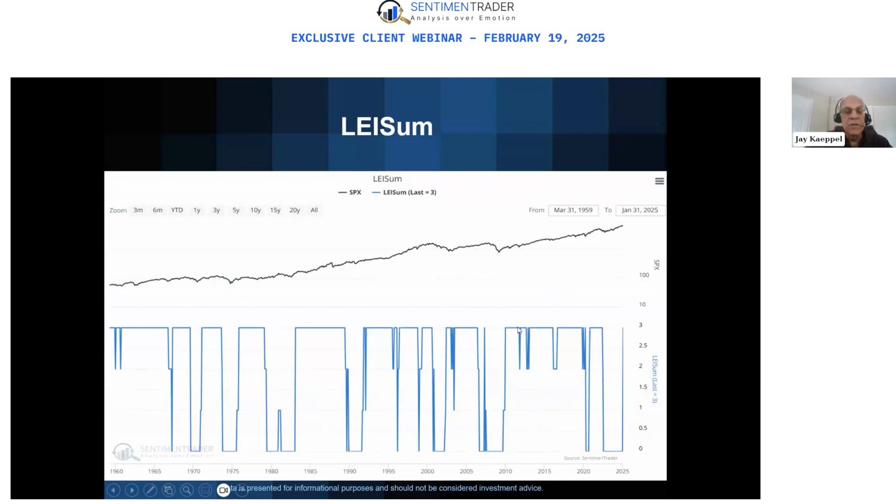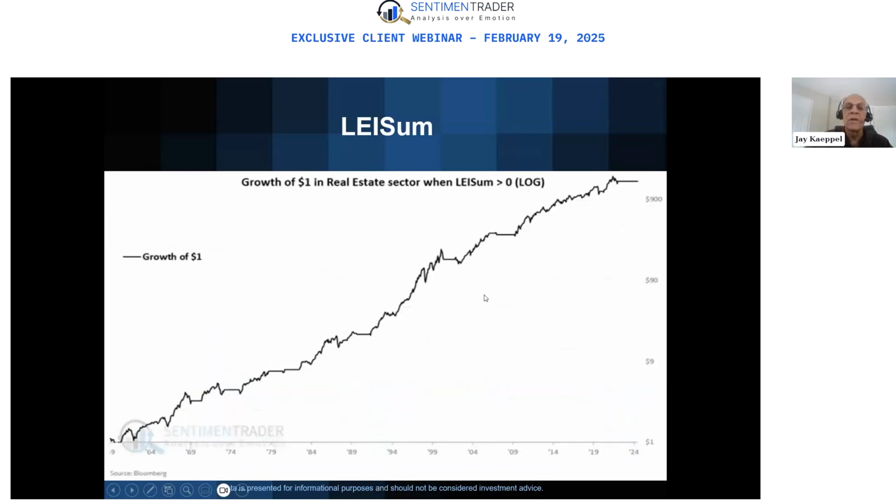All right, and so you can see it fluctuates over time. Just eyeballing this, you can see periods when it got down to 0 where the market didn't always do too well. But let's take a closer look. Now, again, this is looking at the real estate sector when this LEISum is any value greater than 0. One more time, what do we notice about the equity curve?